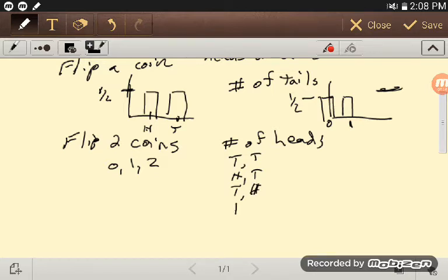And to get 2 heads, I had to get heads, heads. Each of these are possible flips, and each one is equally likely, because I flipped these 2 coins, and one of those 4 things happens. So here you see that's 1/4 of the time. These 2 make 2/4 of the time. So this is 0 heads, 1 head, and then 2 heads, and this is 1/4 of the time.